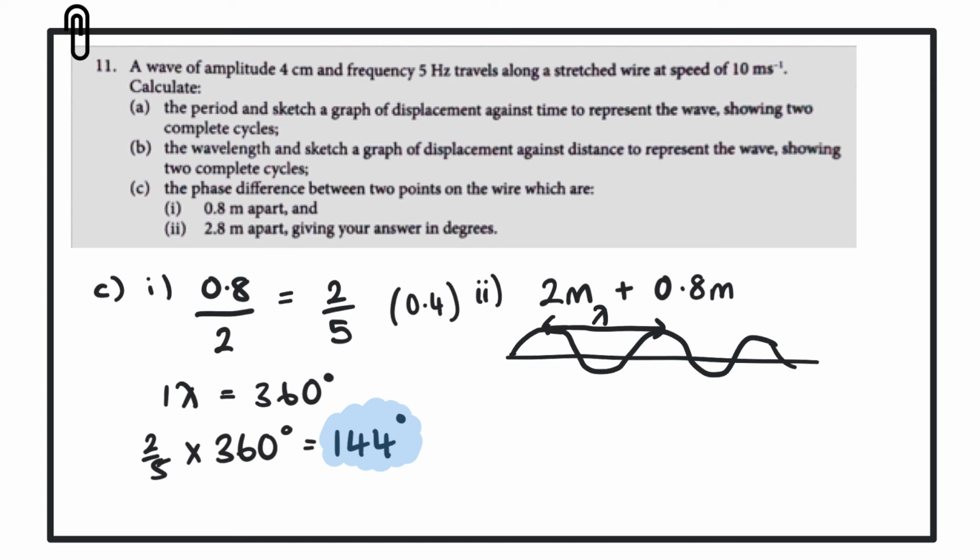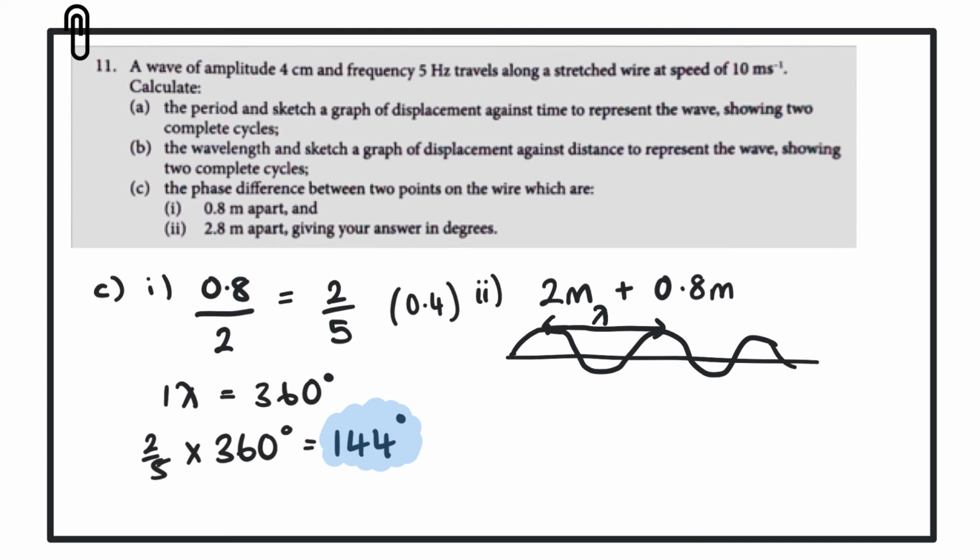So if they're both at the same position, that means they have a phase difference of 0 degrees. They're both in phase. When the first point is at a crest, the second point will be at a crest. When the first point is at a trough, the second point will be at a trough. When it's in the neutral position, the second point will also be in that equilibrium position. So those 2 points are moving exactly in phase.